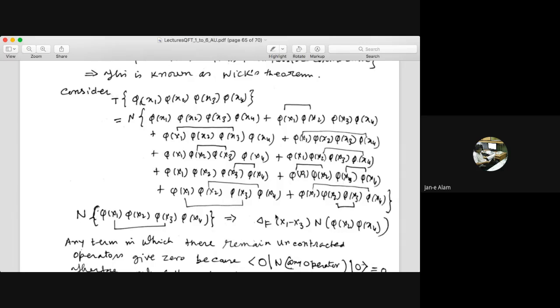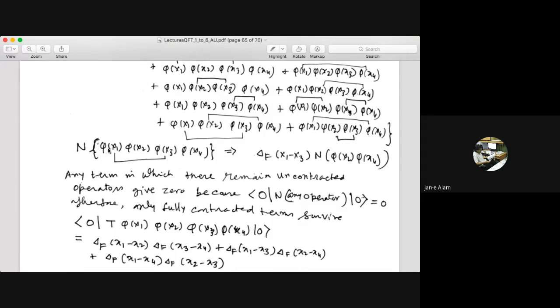Since there is no uncontracted field here, there are no annihilation operators. They are simply the Feynman propagators, because as I have said already, contraction just gives you the Feynman propagator, and uncontracted fields will have annihilation operators which will give you 0.